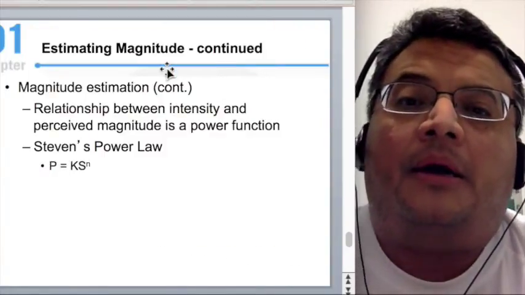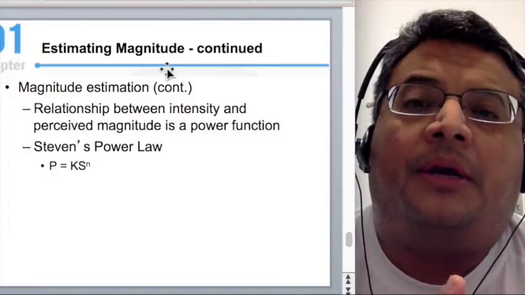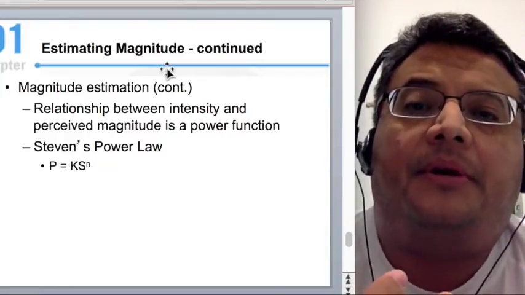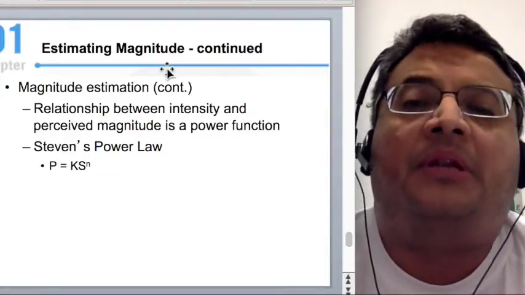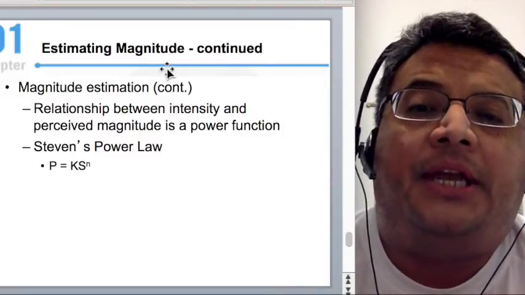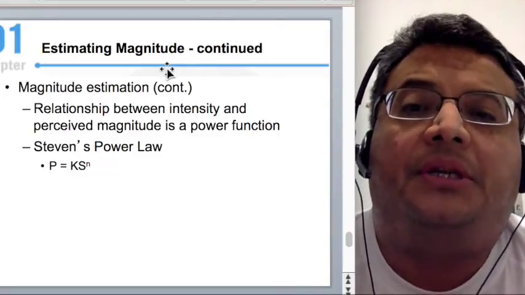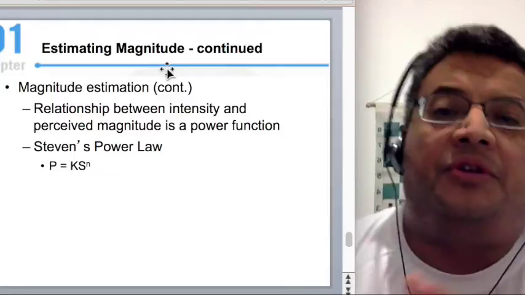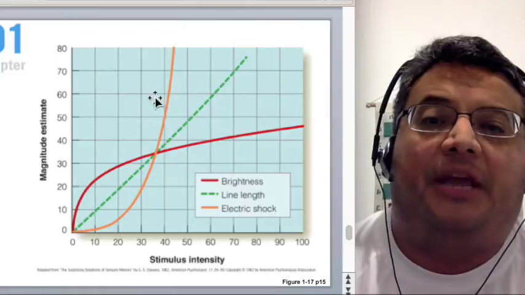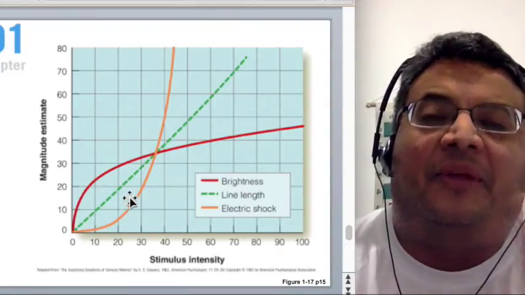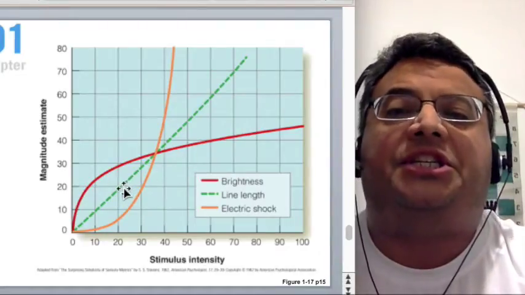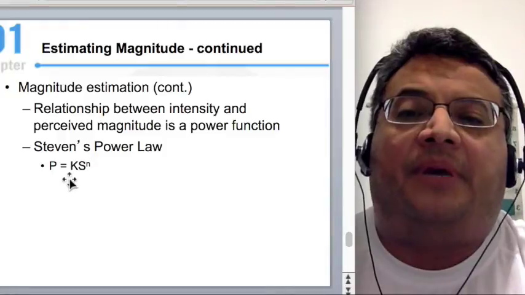With regard to estimating magnitude, there's a very simple relationship between the intensity and the perceived magnitude. It's a power function, and you'll notice it's a power function because these two curves are shaped exactly the same. This one is a mirror image of that one, but they're shaped the same, and that shape is illustrated by this formula.